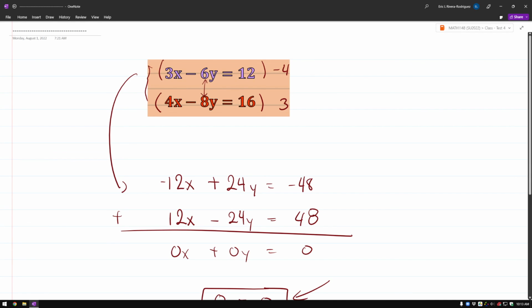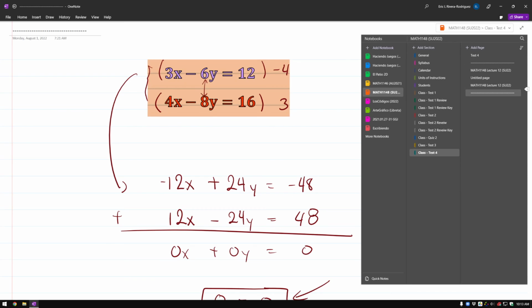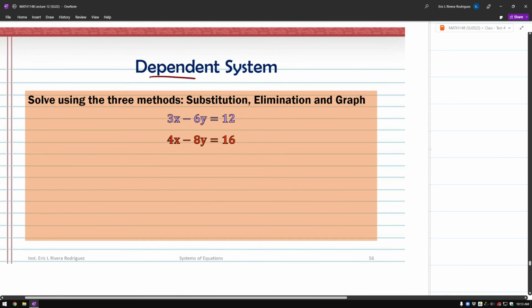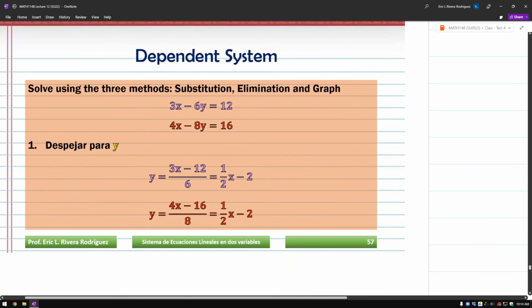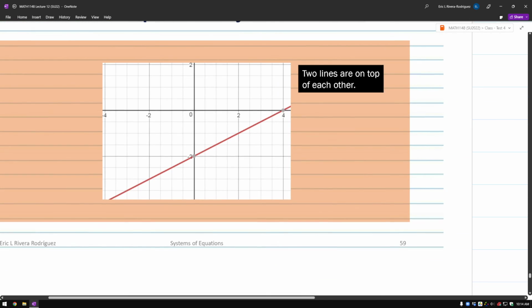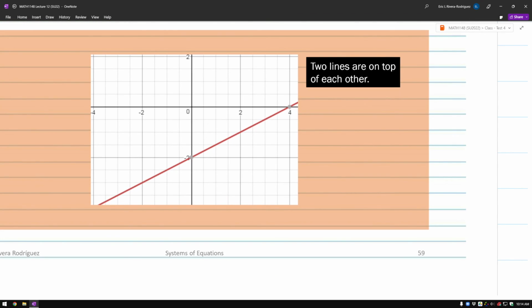Why is that? Because if we look at the graph, here is the graph of both equations. There are two there, but they are on top of each other, so at the end it's just one line.